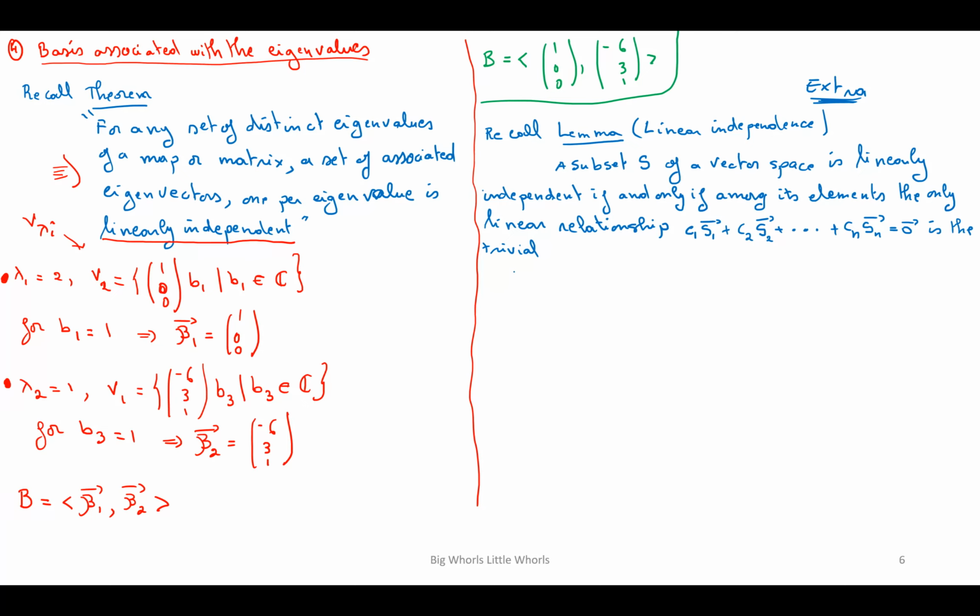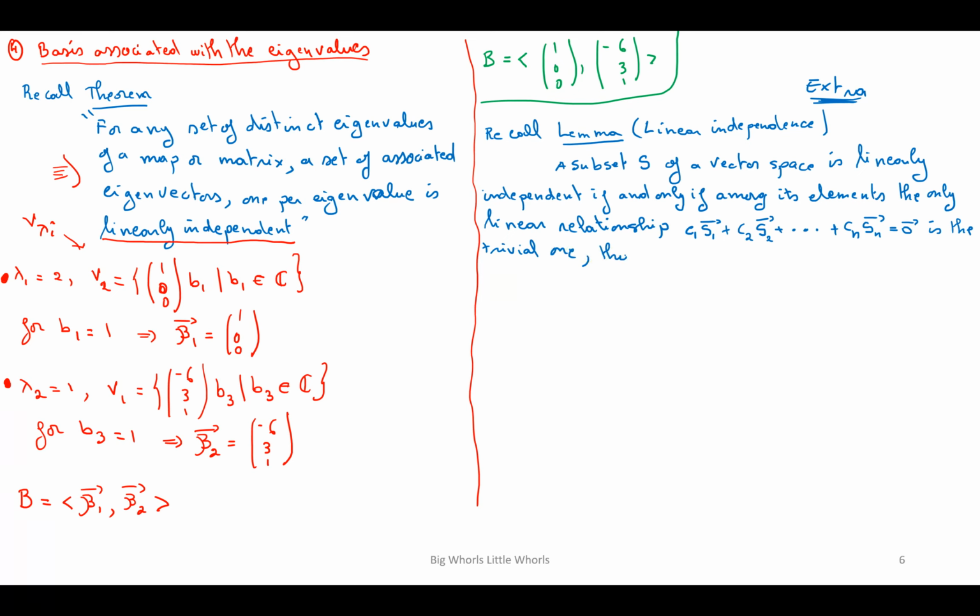In chapter 2 and chapter 3 we have worked a lot on how to prove that a set of vectors is linearly independent or linearly dependent, so this is just a quick recall. It's the trivial one.